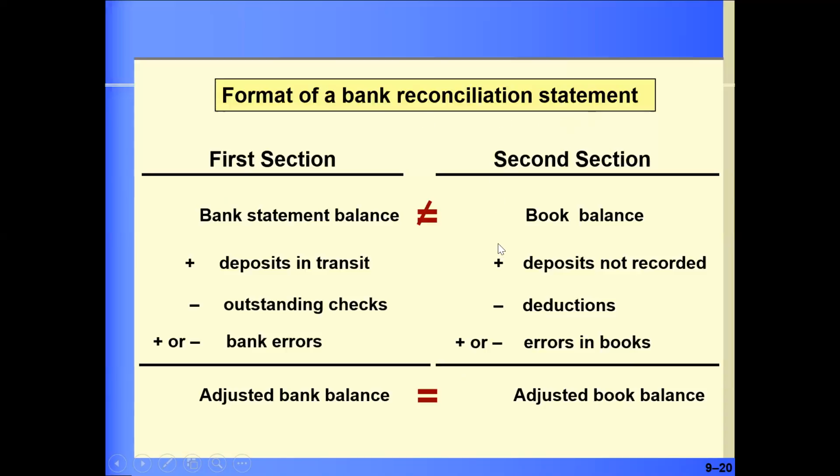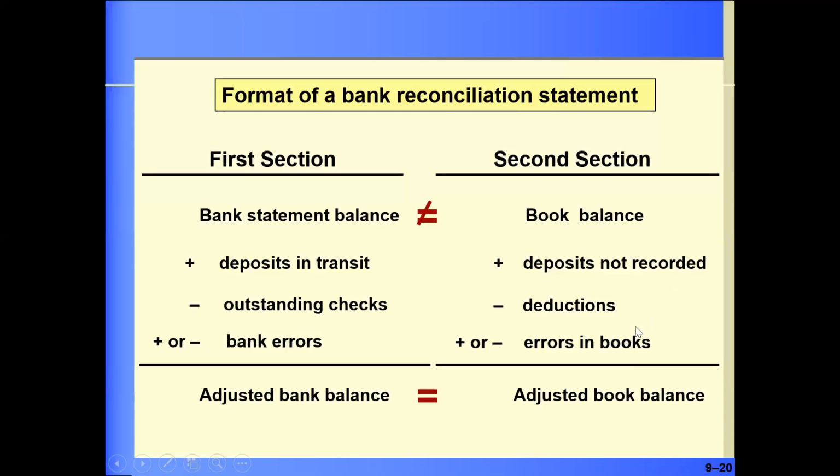Now, to keep your books and records straight, you just reconcile this on a form or on an Excel spreadsheet. That does not mean that the deposits or the bank fees were journalized yet.